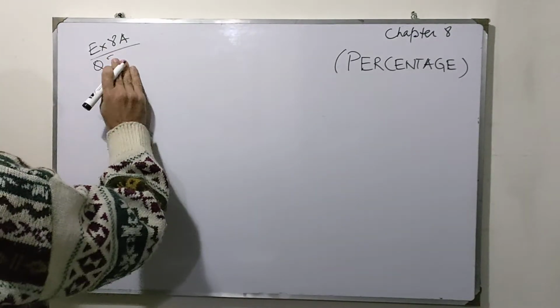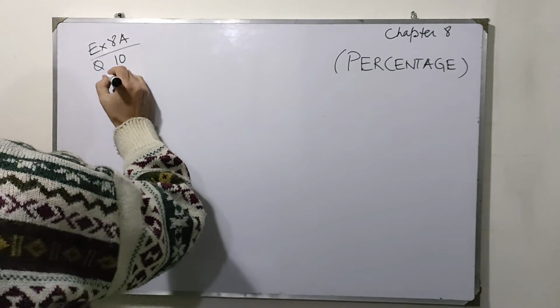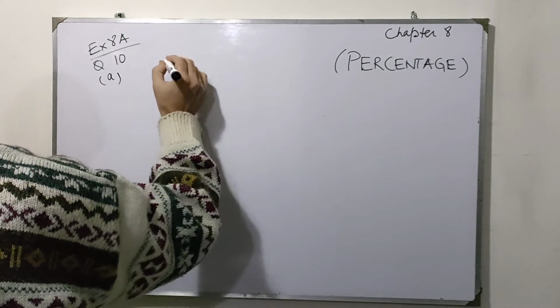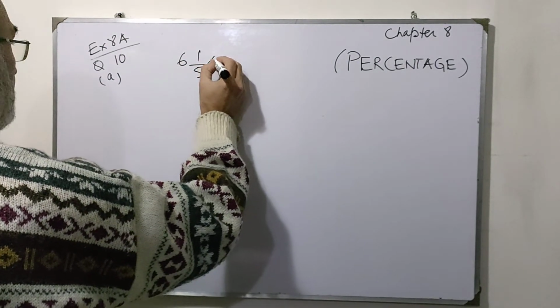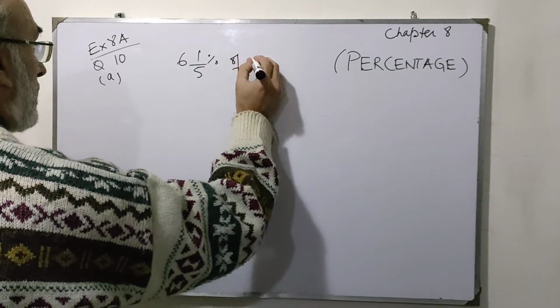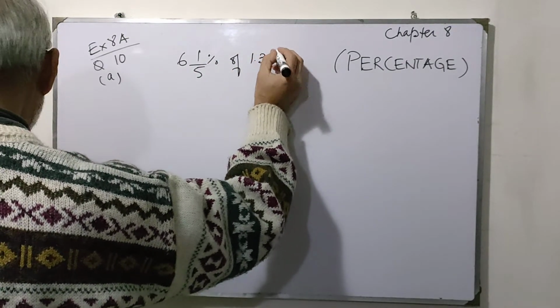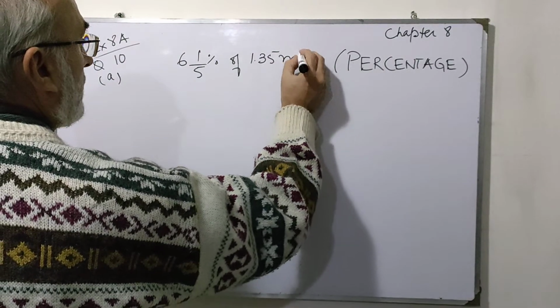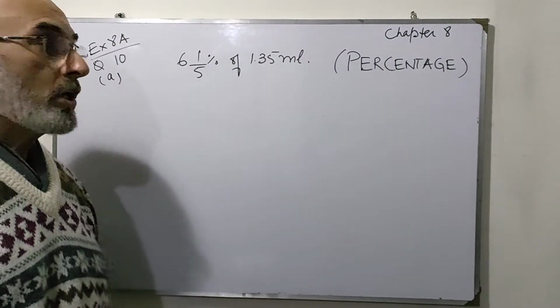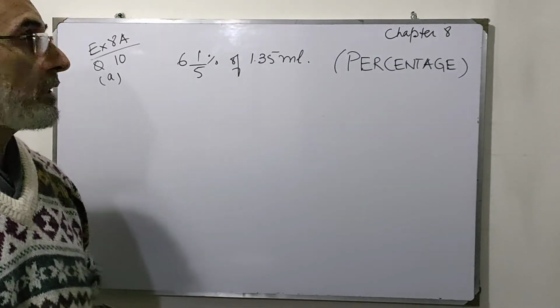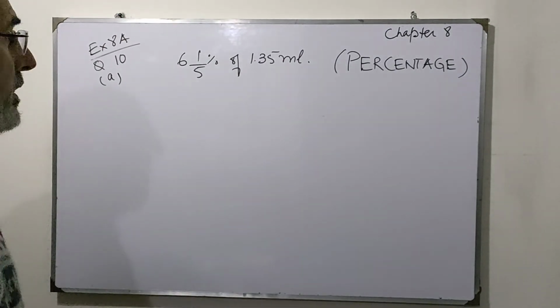Okay, question 10, A part. 6 whole 1/5% of 1.35 ml. So 1.35 milliliters, we have to check what is 6 whole 1/5% of 1.35 milliliters.